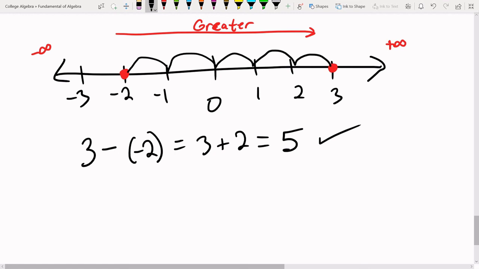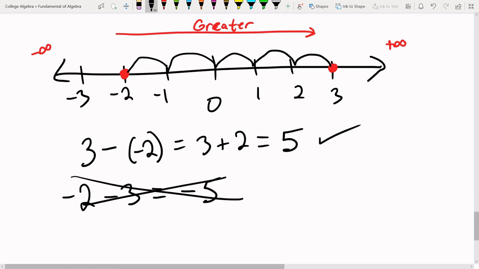But distance should be the same thing either way, right? If we were to look at the distance between -2 and 3, we should still get 5 units because they are in fact 5 units away from each other. But if we did -2 minus 3, now we get -5. And so that's not the same number as 5, right? So we need to redefine how we evaluate a distance. And we do this by defining absolute value. Now, absolute value has rich definitions in the field of mathematics called topology.